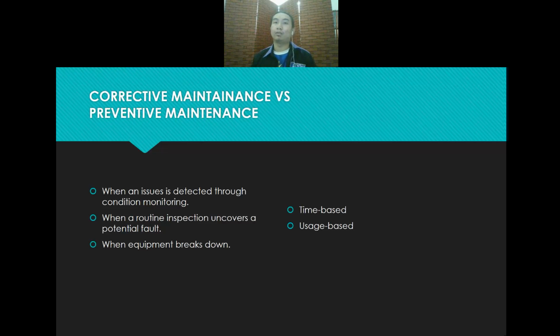So until it has failed, then the corrective maintenance replaces it. That is corrective maintenance. But there is planned and unplanned. Unplanned is totally unknown, it happens suddenly.